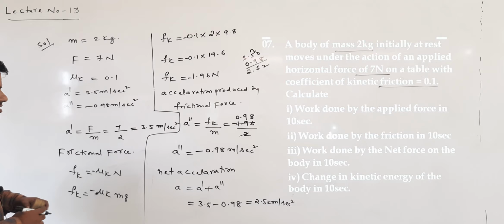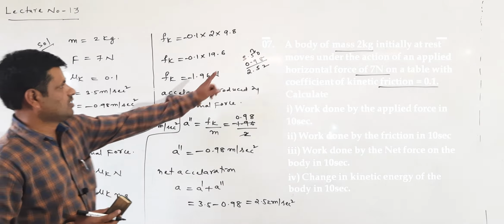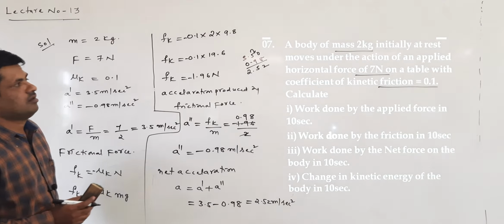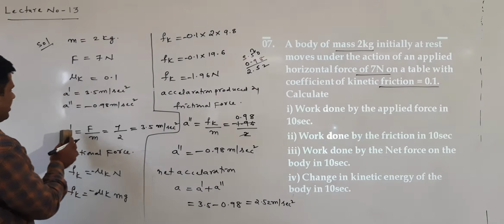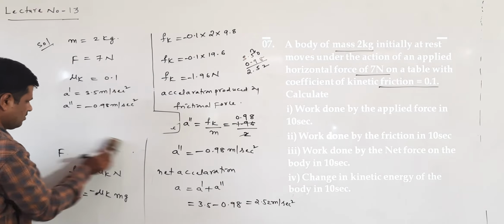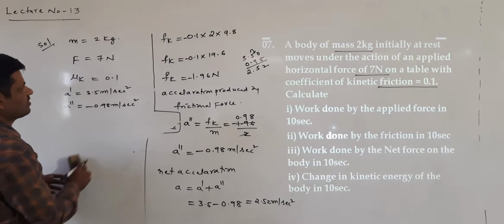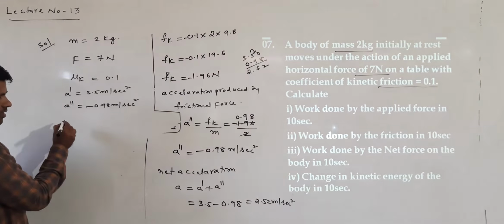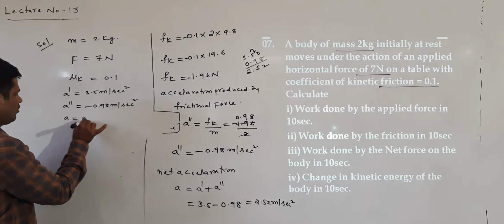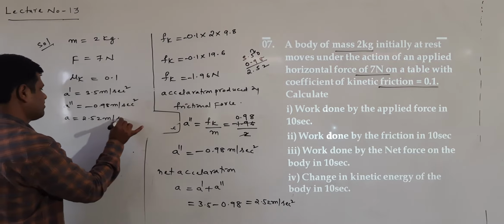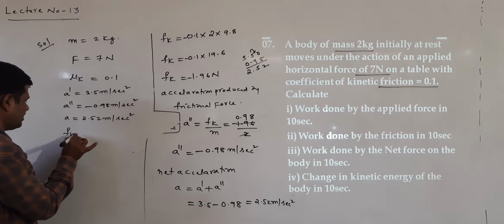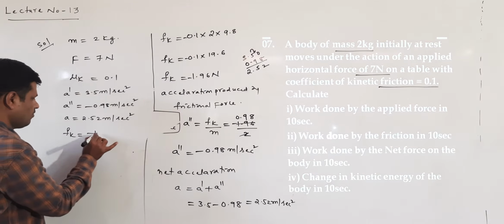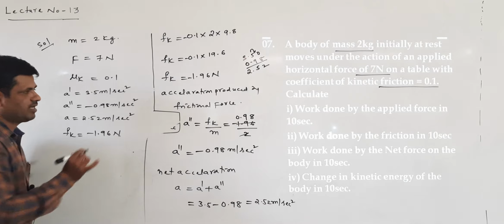Now net acceleration is equal to 2.52 meter per second square. Here A is equal to 2.52 meter per second square. Applied force we already know, and the frictional force we already have, that is minus 1.96 newtons. We are getting all these values.